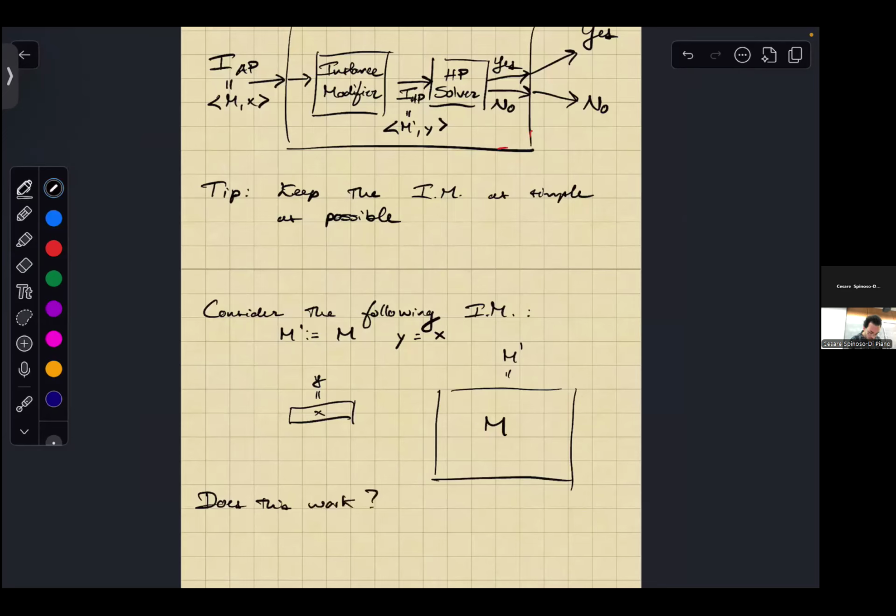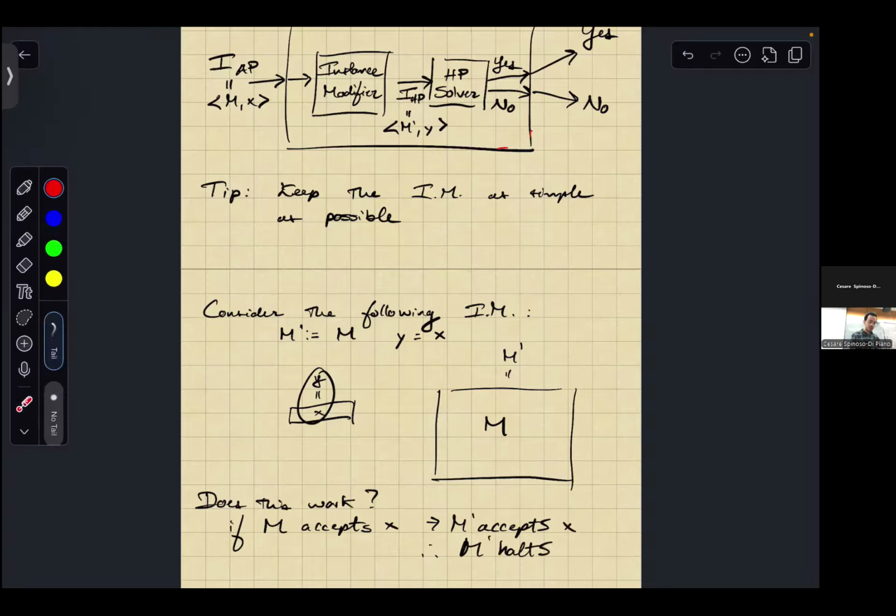Right? So if M accepts X, so if I have from the input a yes answer, so M accepts X, then what happens? Well, M prime and Y are the same as M and X. And so then M prime also accepts Y. Because Y is X, I'll just keep saying X. So M prime accepts X, and therefore M prime halts, right?